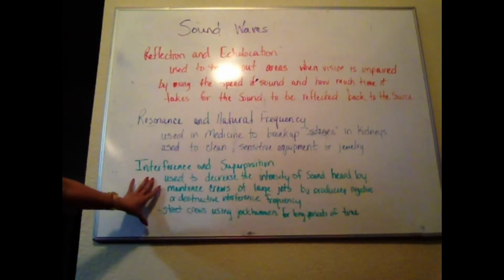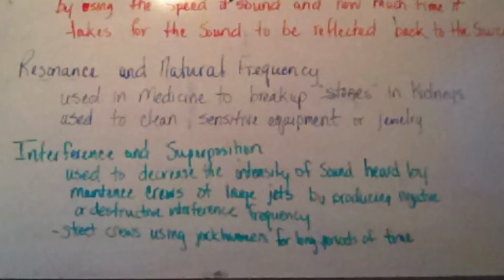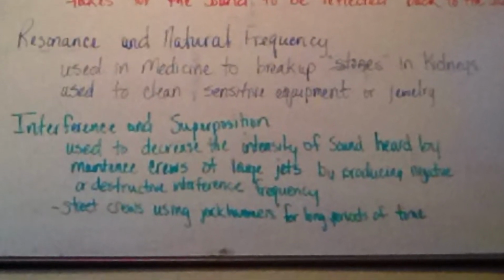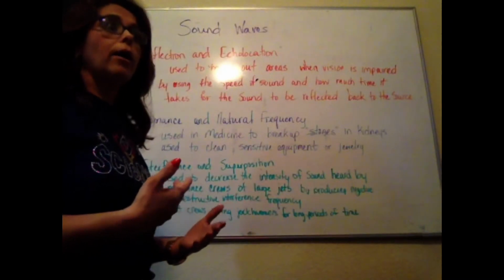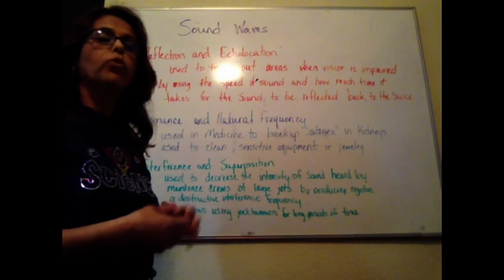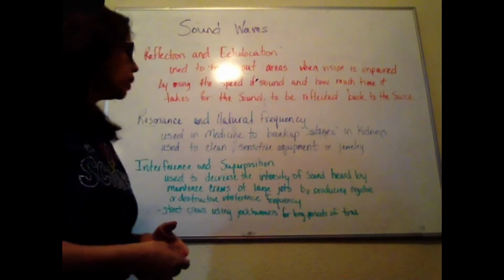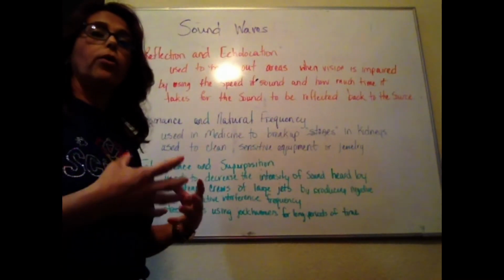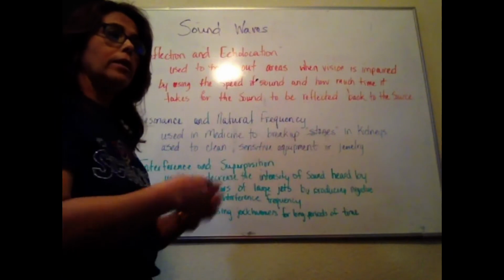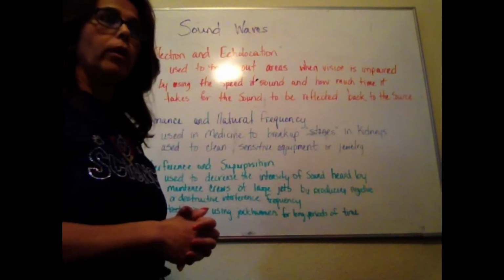And the last one that I'm going to talk about is interference and superposition. Now, we can use this to decrease the intensity of sounds heard by people that are being exposed to extremely loud sounds, such as the maintenance crews of large jetliners, where they're out trying to do the maintenance, clean it, prep the airplane, ready to get it going.